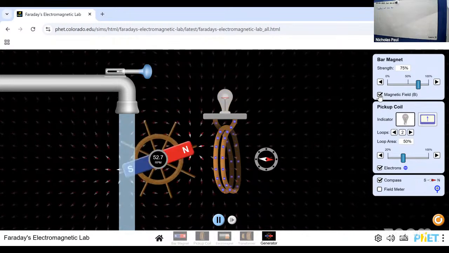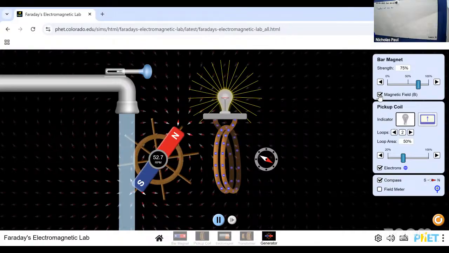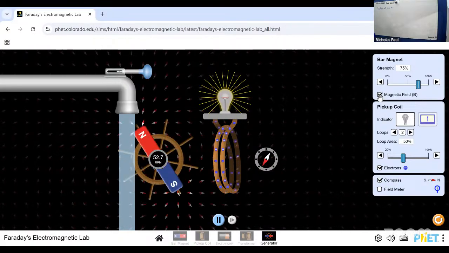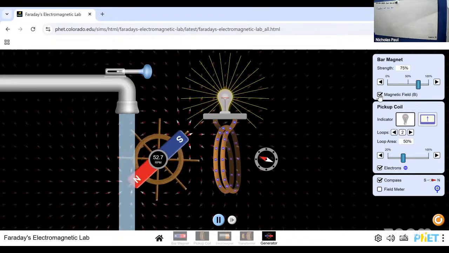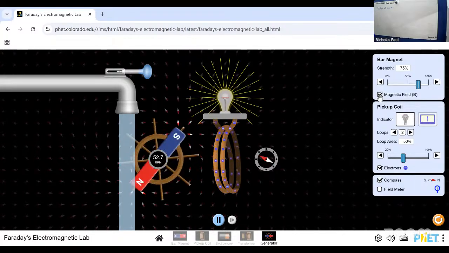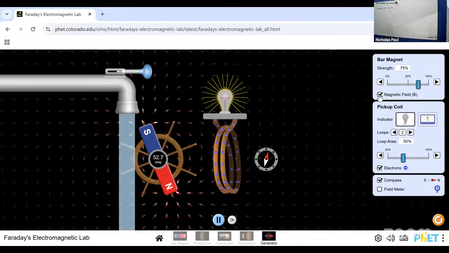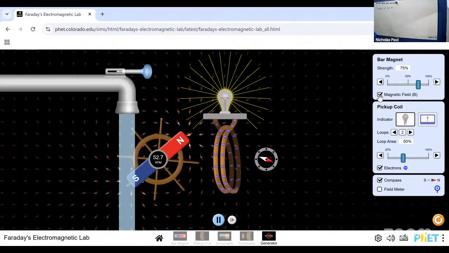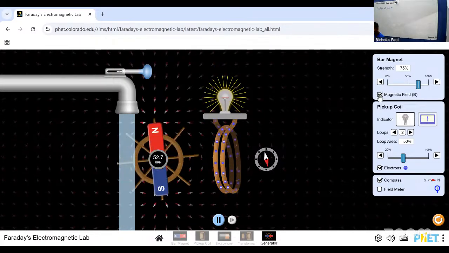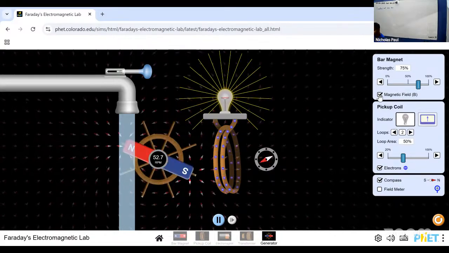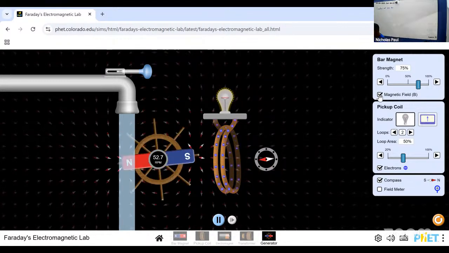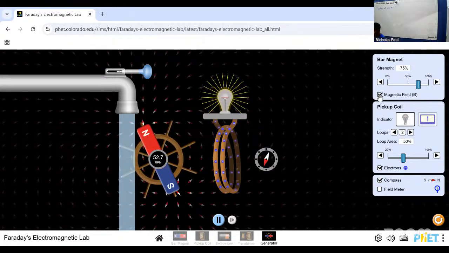When electrons move, what do we get? Current, right? So the magnetic field is causing the electrons to move, and when the electrons move, we get electricity. And we can see it there. Everybody okay with that? That's a simple generator.